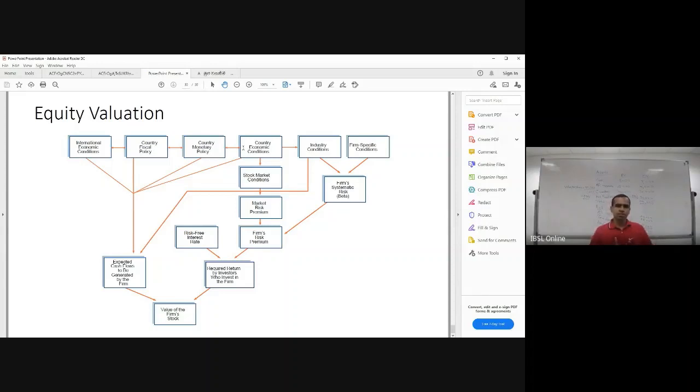Firm-specific conditions. Now, certain companies we saw have made use of corona, meaning they have turned their threats into a strength or an opportunity.